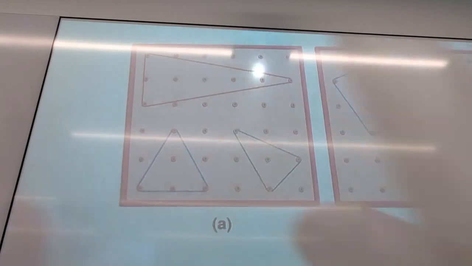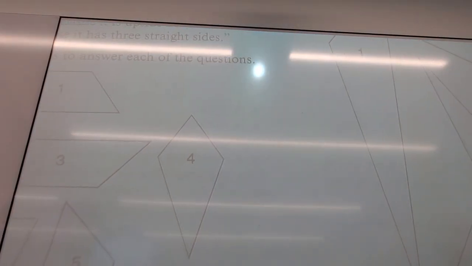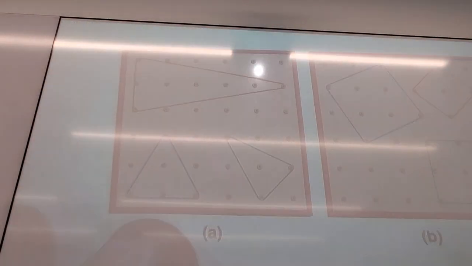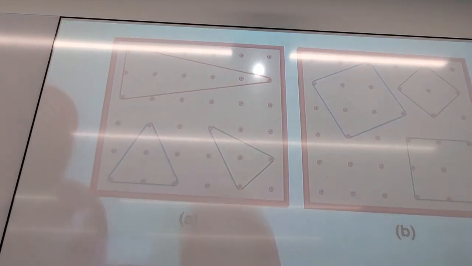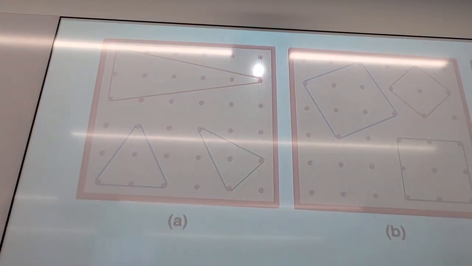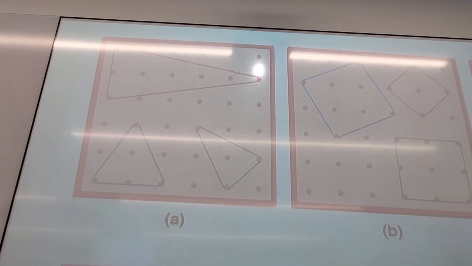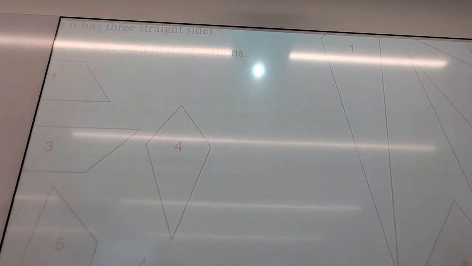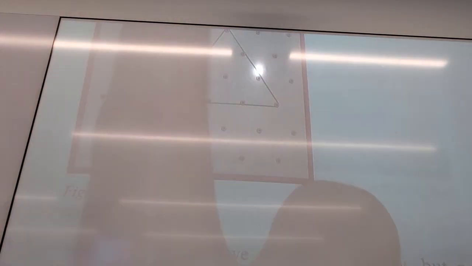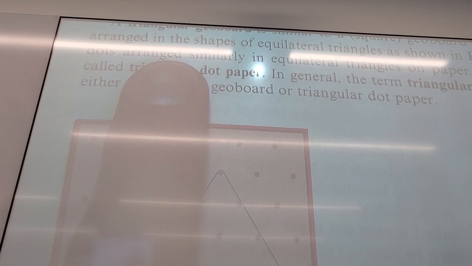And then of course you also have paper where it's just dots, and you can connect the dots and make these, but it's always more fun with rubber bands. Giving rubber bands to a room full of kids could present its own challenges, yes? Okay. So you'll lose an eyeball. Then you have something related, which is not surprisingly called a triangular geoboard or triangular dot paper.